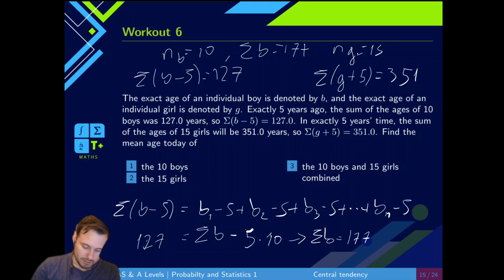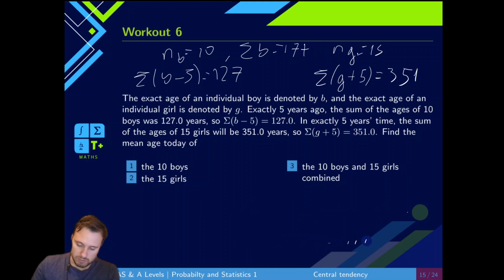And we know that the mean age of the boys is just the sum of B over the total 10. And now 177 divided by 10 is going to be 17.5 as a mean value.